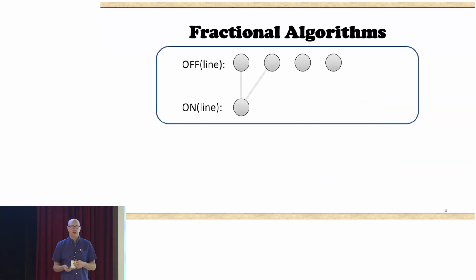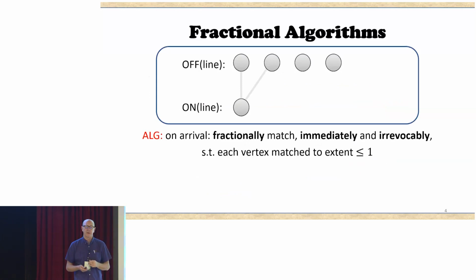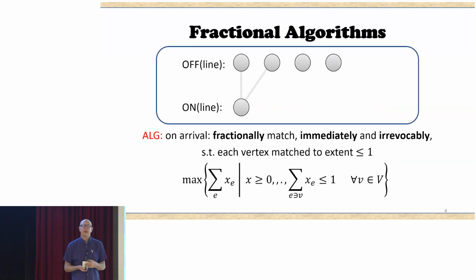What's a fractional algorithm? In a fractional algorithm, when a vertex arrives, we can match it fractionally to the offline vertices as long as the sum of the fractions adjacent to the vertices in the graph is not more than 1. So this is the fractional relaxation.